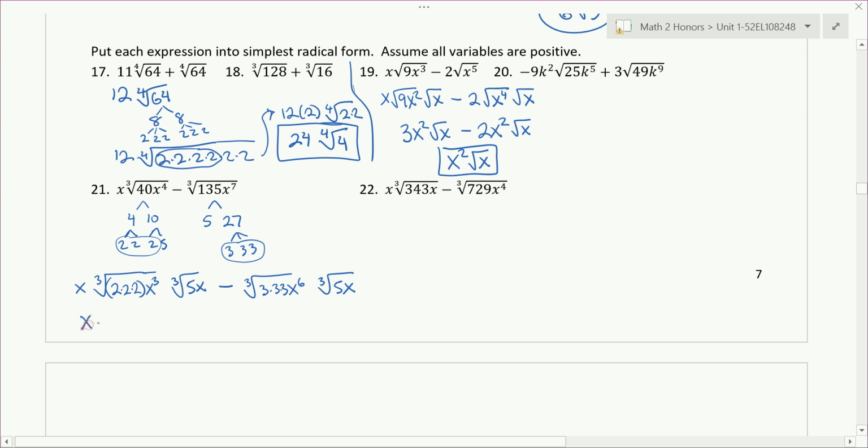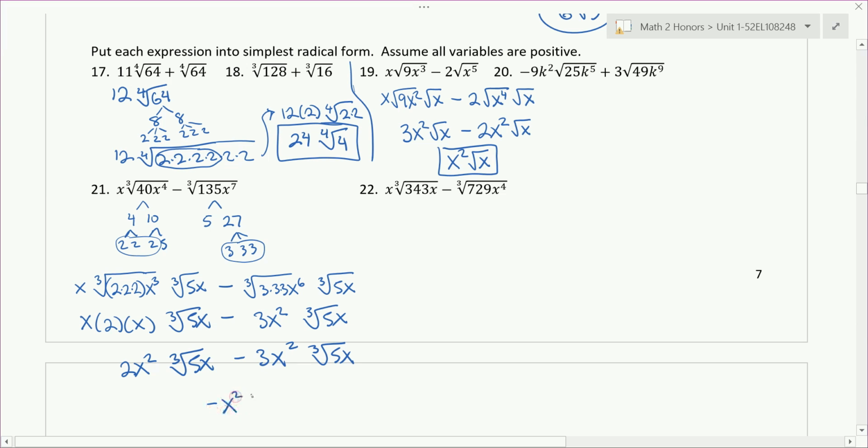So we get x times 2 times x cube root of 5x minus 3 times x squared cube root of 5x. That's 2x squared cube root of 5x minus 3x squared cube root of 5x. 2x squared minus 3x squared is negative x squared cube root 5x for your final answer.